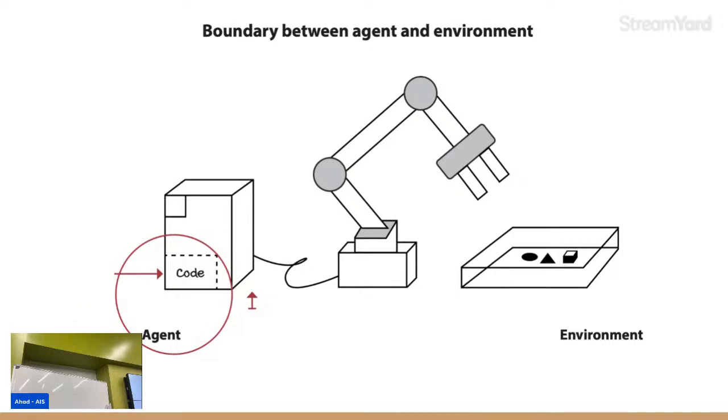Even the robotic arm itself is considered a part of the environment, and the actual agent is just the code, because the agent is just the thing that makes the decisions. Everything outside of the decision maker is considered the environment.